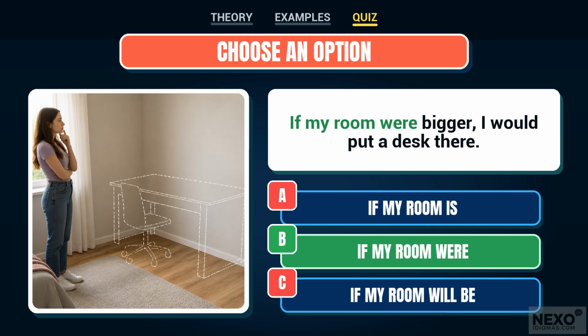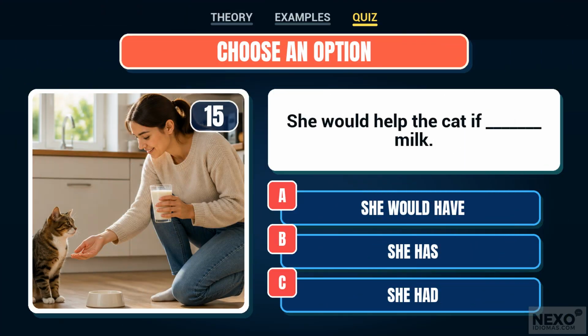If my room were bigger, I would put a desk there.